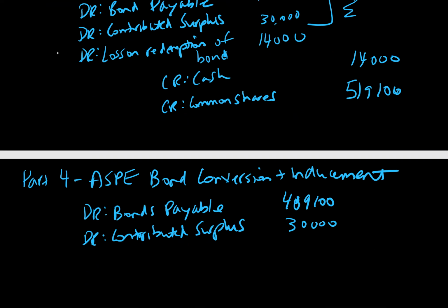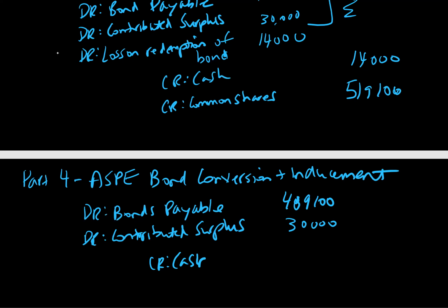Now we are going to have to record the inducement. So we cleared these things out. Let's figure out what the loss on the redemption of the bonds was here, because the way that ASPI works is that we need to allocate the amount that was paid, which is this 530. So let's just record that actually.